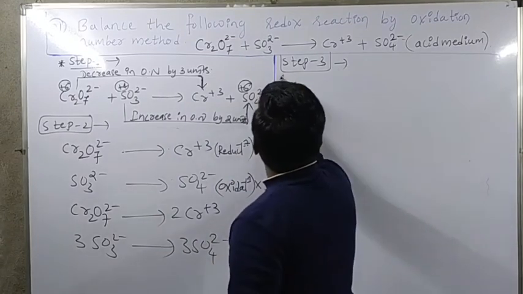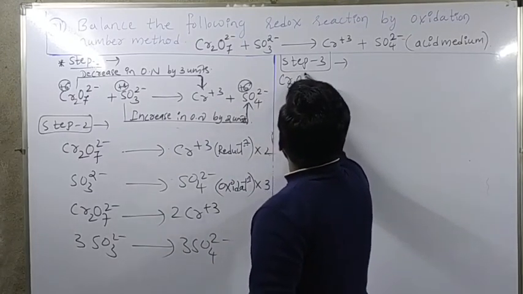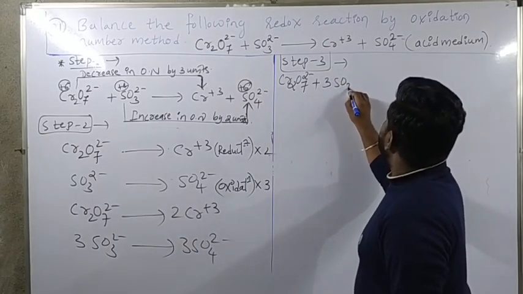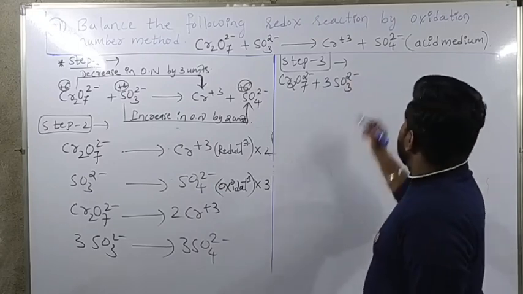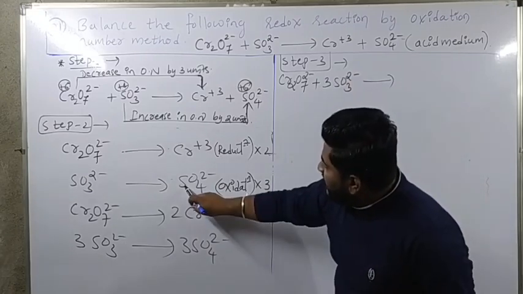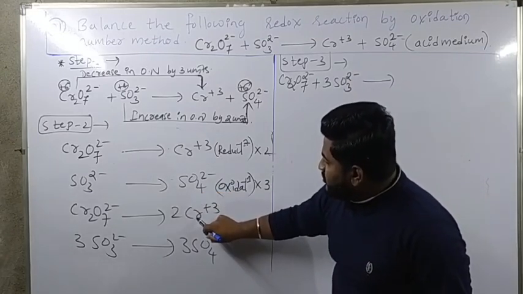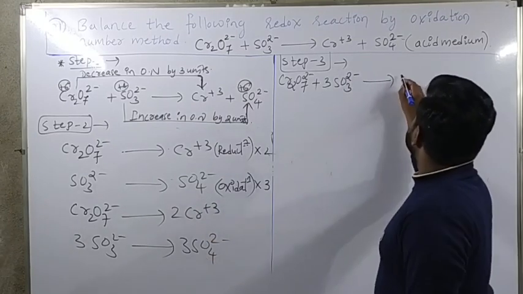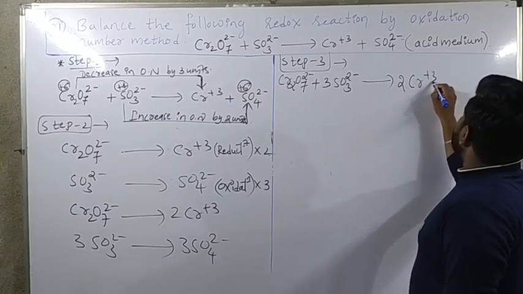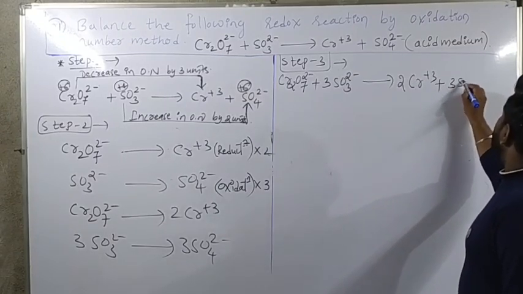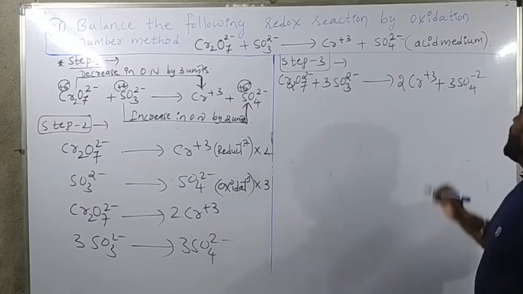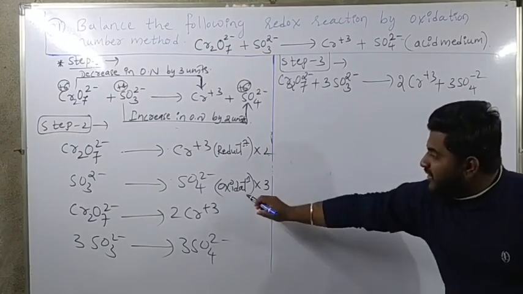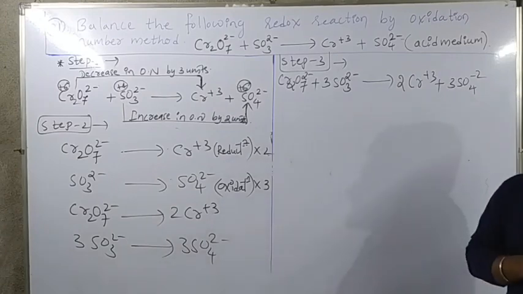So on the LHS: Cr2O7 2 minus plus 3SO3 2 minus gives rise to, on the RHS: 2 Cr plus 3 plus 3SO4 minus 2, or you can write 2 minus also, that is also correct. Followed. So we have added both the equations.